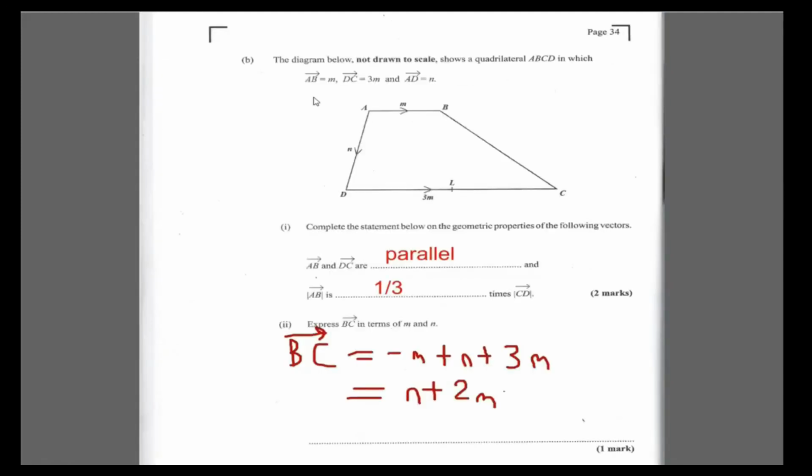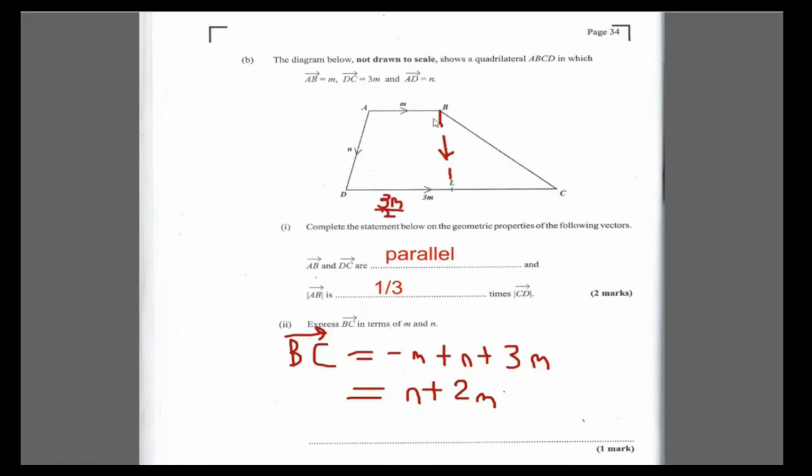So L is the midpoint of CD. Here's L, and we want to find BL. So we want to go the journey from B to L. Since L is the midpoint, we know that DL is 3M over 2.